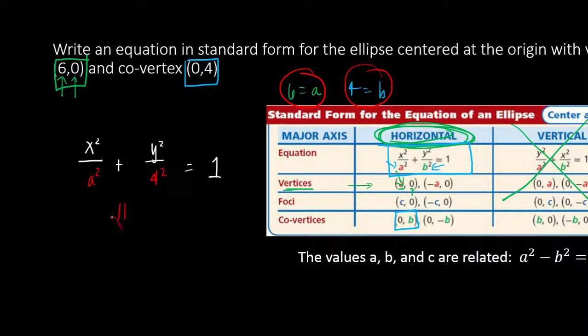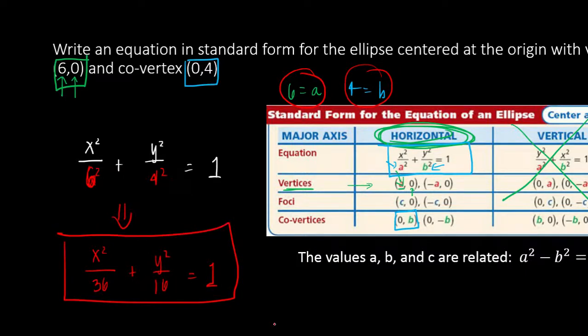The only remaining step would be to, oops, that should be a 6 squared, would be to just simplify. So 6 squared is 36, 4 squared is 16. So here's the equation in standard form for this ellipse, and we found it by using the vertex and co-vertex to first tell us whether we had a horizontal or vertical ellipse, and then fill in the equation.